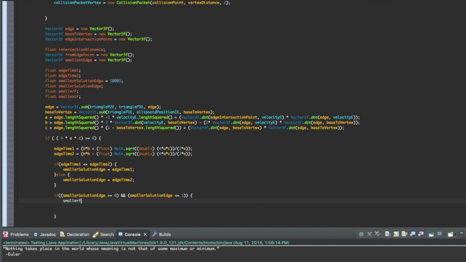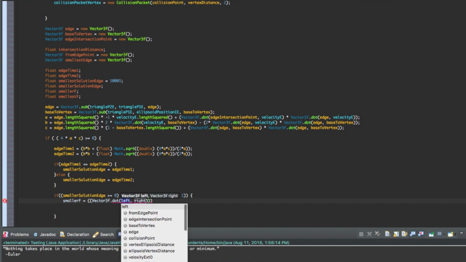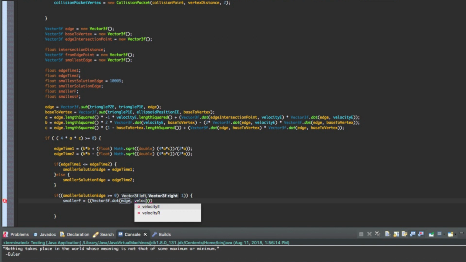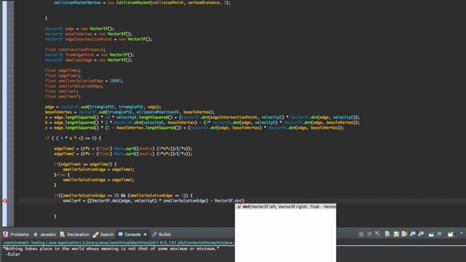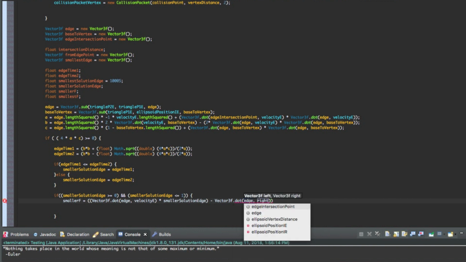So then we can calculate the f0 value. So smaller f is equal to the dot product of the edge and the velocity multiplied by the smaller solution edge minus the vector 3f dot product between the edge and the base to vertex.